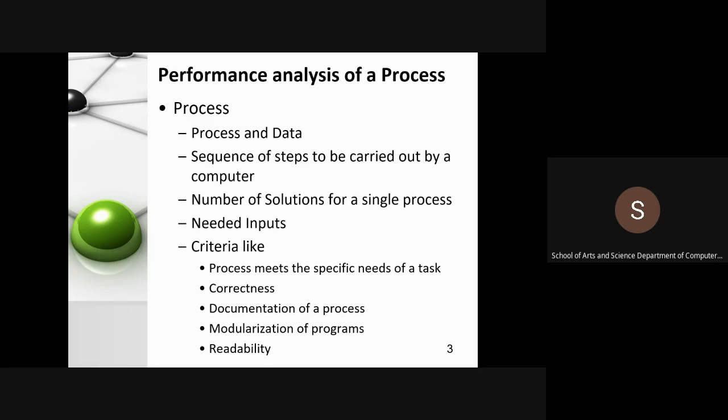Suppose you did your current process as a single program, it's very difficult to update. Once you do it as a modularized one, that means splitting the entire concept into some number of functions, then you can easily identify, you can easily insert a new function, or you may upgrade the existing one to a newer one. So it is somewhat easy. So this is also to be considered.